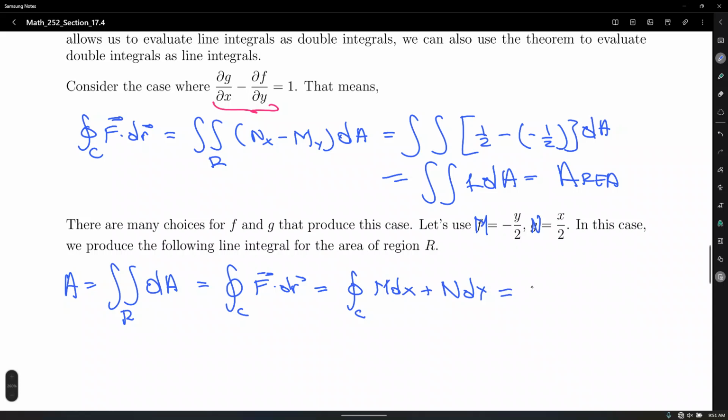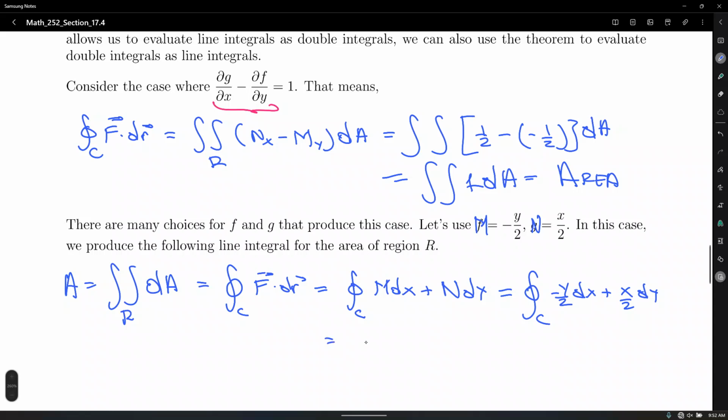That is the integral along the closed curve C of M, which is negative y over 2 dx, plus x over 2 dy. And I'm going to factor out a half, and rewrite the order of this starting with the positive, then the negative.